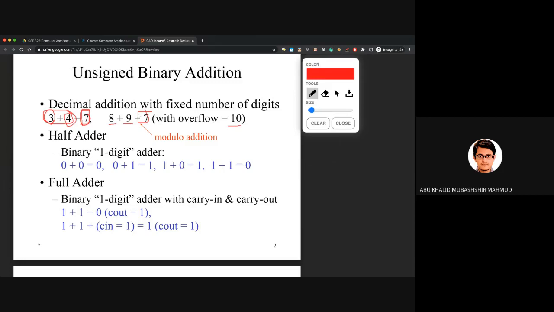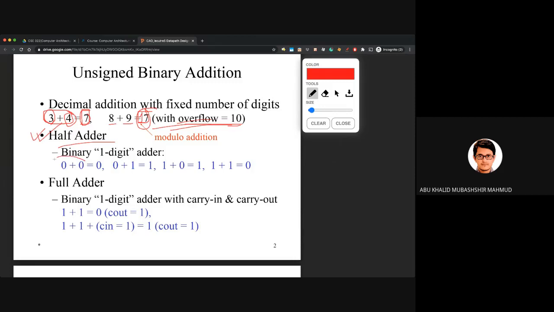We require two digits to represent 17. This is called an overflow or carry in computer science terms. We are already familiar with how the half adder works.